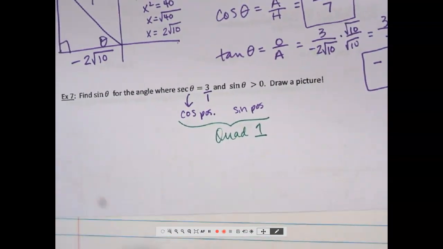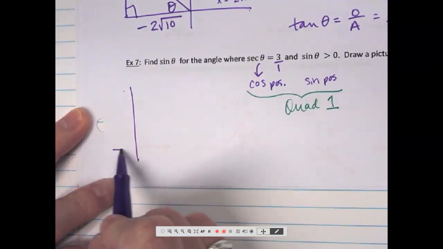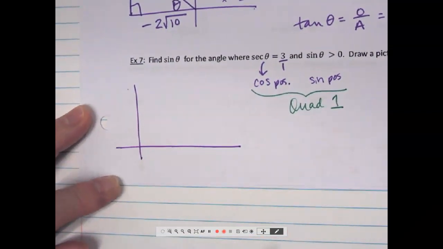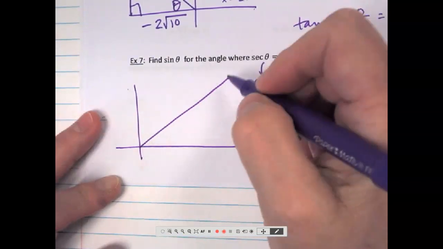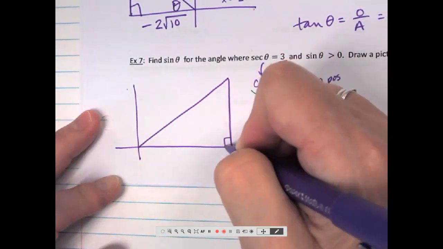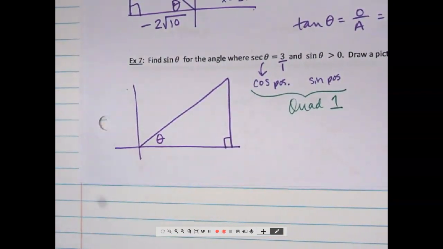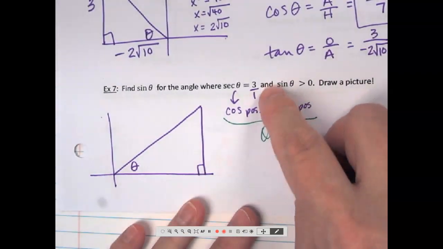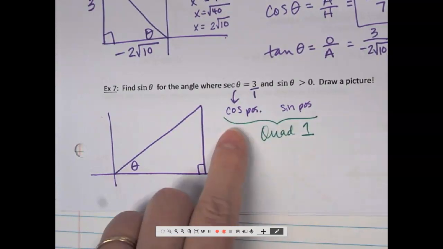Okay, so now we're going to draw a picture. Focus our triangle on quadrant 1. Every single time we're coming out of the origin, perpendicular to x, theta is up by the origin. And then label what you were given. So secant is whatever over what? Or let's start with cosine.